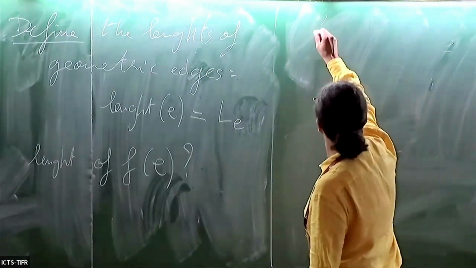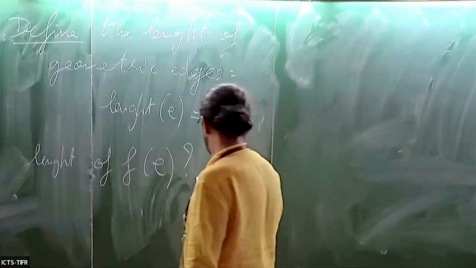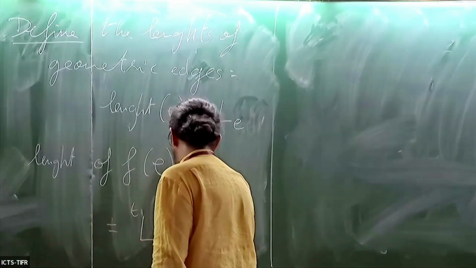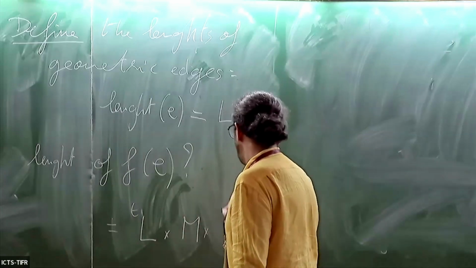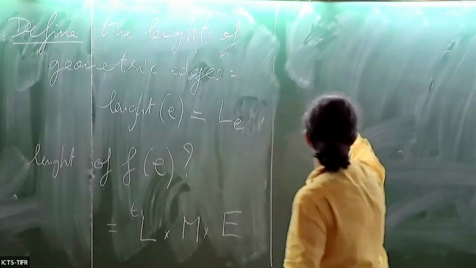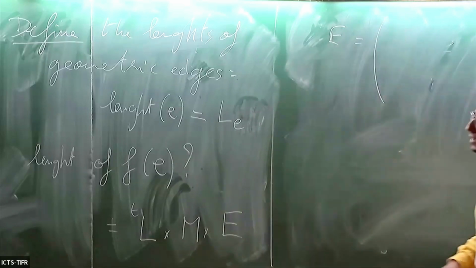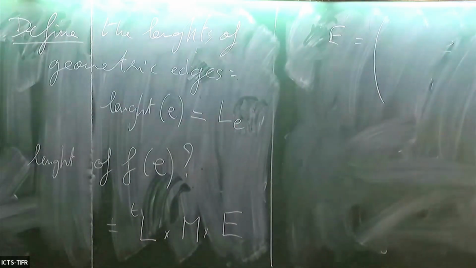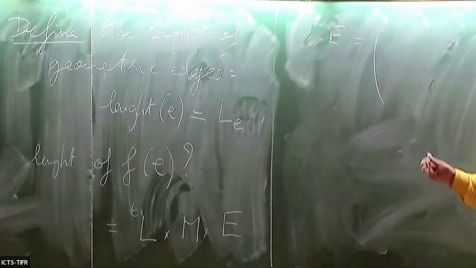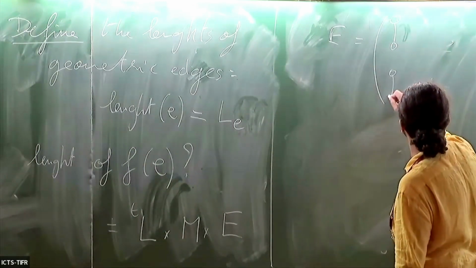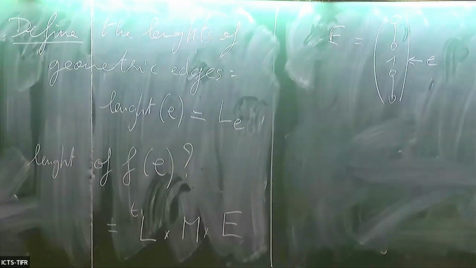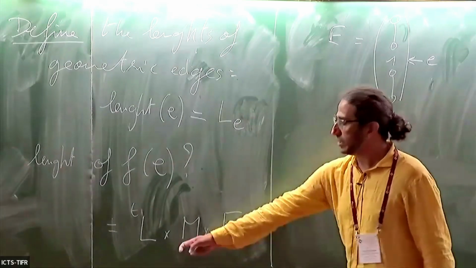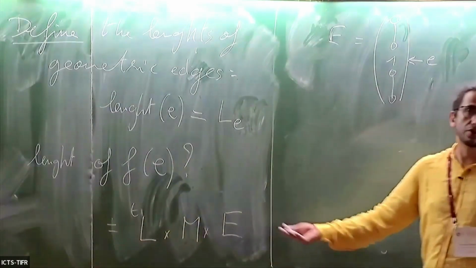So it is the transpose of L times M times, well, I will call it E, where E is the matrix. Okay, I'm pretending that there were no numbers, but if I have to write the matrix, 0 everywhere, except 1 at the place E. Entries are labeled by edges. This gives you the column. This gives you the length.